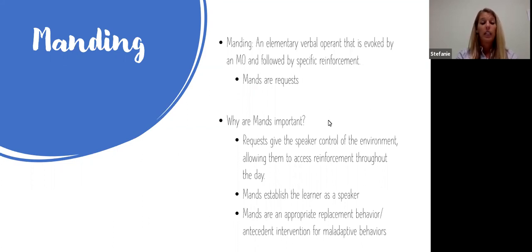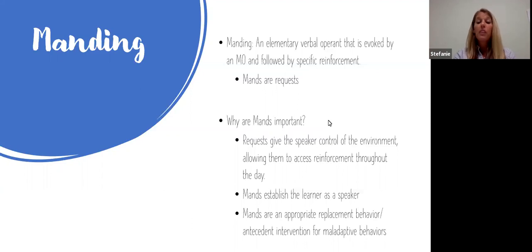Mands are always a good first language building block because of the immediacy of the reinforcement. You make a request and then you get a preferred item. That's going to make us want to emit that response more and more because we're getting access to that reinforcement so fast.